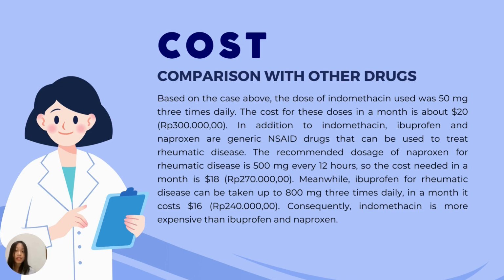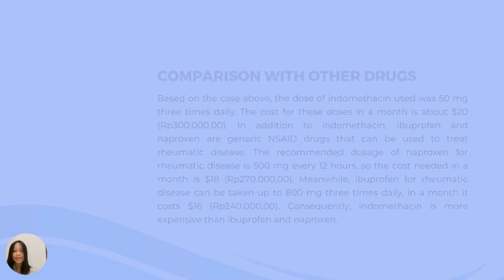The recommended dosage of naproxen for rheumatic disease is 500 milligrams every 12 hours, so the cost needed in a month is $18. Meanwhile, ibuprofen for rheumatic disease can be taken up to 800 milligrams 3 times daily. In a month, it costs $16. Consequently, indomethacin is more expensive than ibuprofen and naproxen.